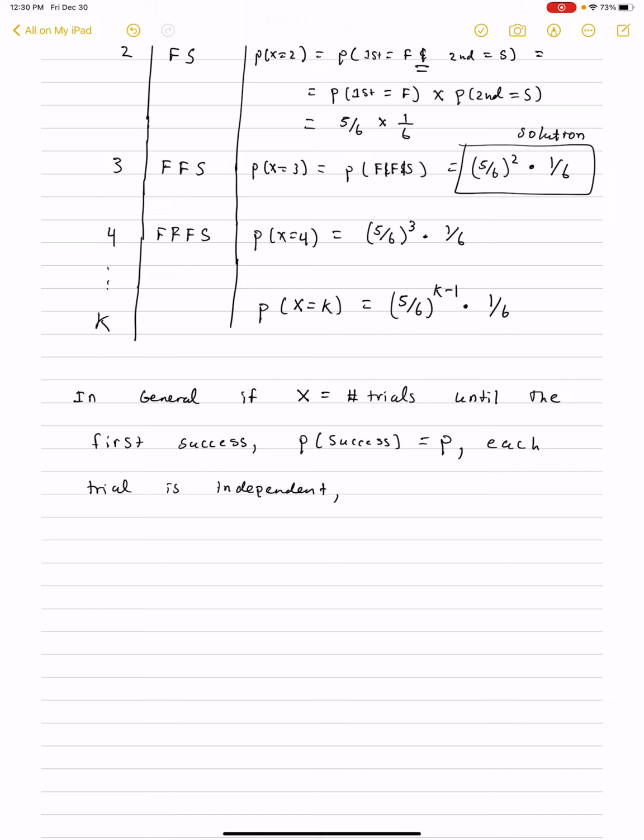Then we can use this nifty little formula. This probability density, given by f of x, or probability X equals little x, is how they write it in most textbooks.